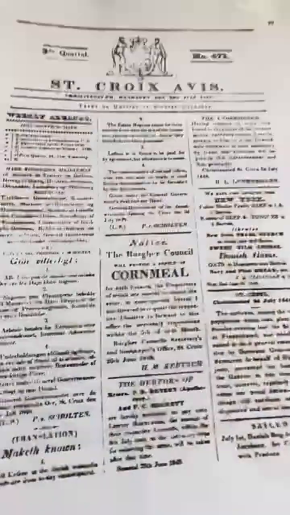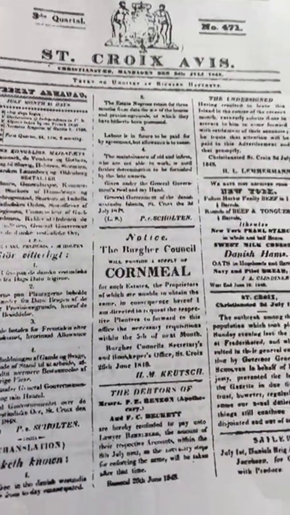It goes through details and discusses that the slaves are now free and that they now have to be paid, and there is a negotiation in terms of how the slaves are to be paid.